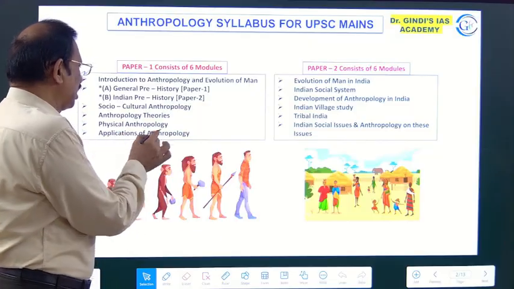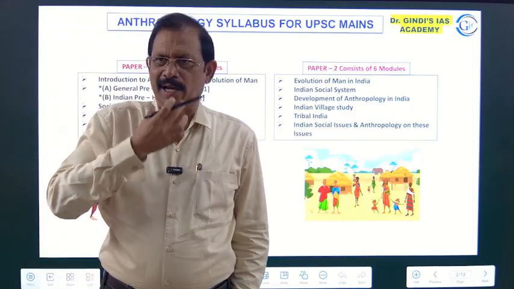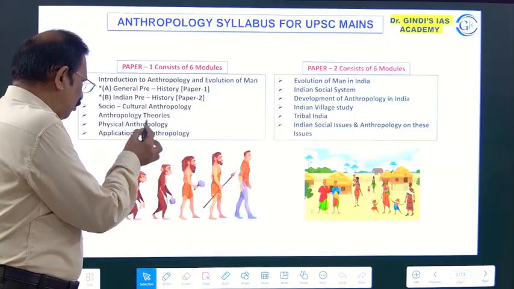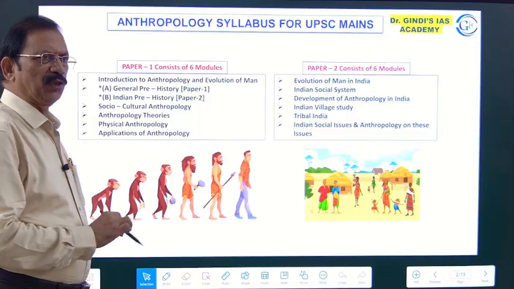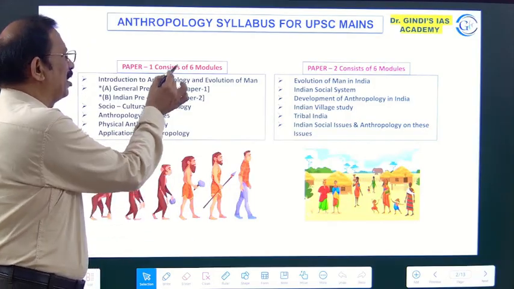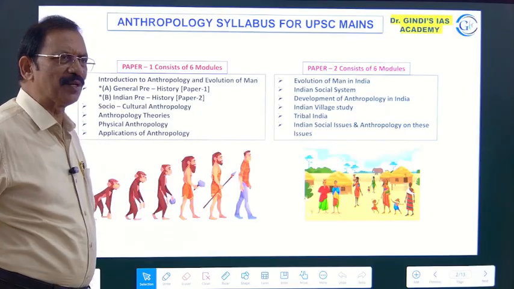Then, physical anthropology. The topics related to our structure, our anatomy, everything related to our human beings physically, is called physical anthropology. These topics are included under the 5th module of paper 1. Then, application of anthropology.